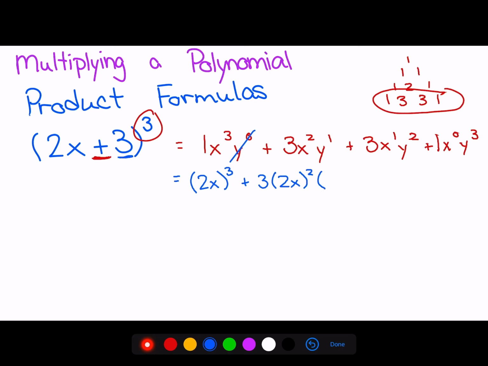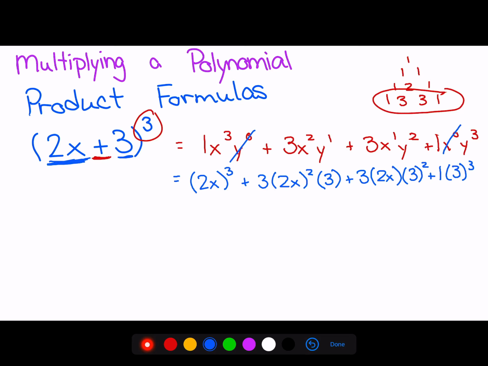Well, y is just 3, so times 3. Plus 3 times x to the first power. Well, that x to the first power is just 2x. Y squared. Well, y squared is 3 squared. Plus 1 times x to the 0 power. Well, that's just 1, so it cancels out. Y cubed. So that'd be 3 cubed.